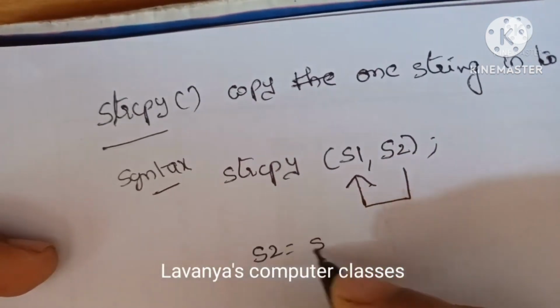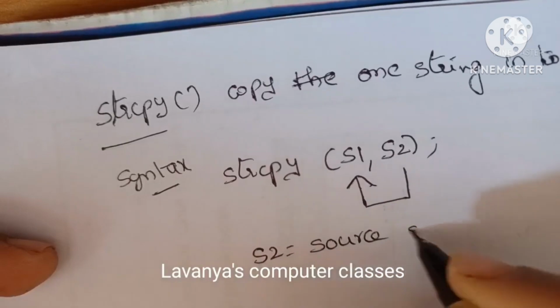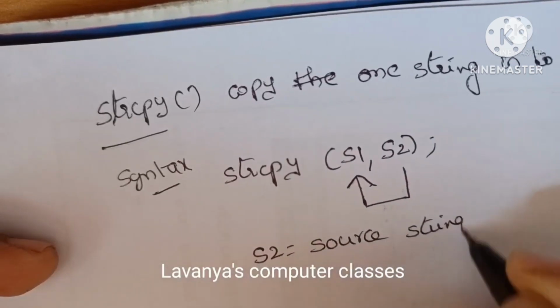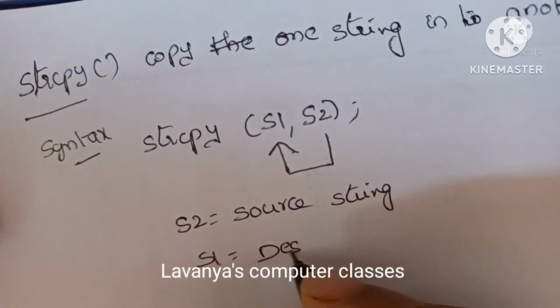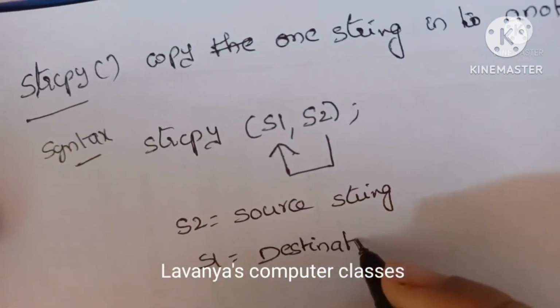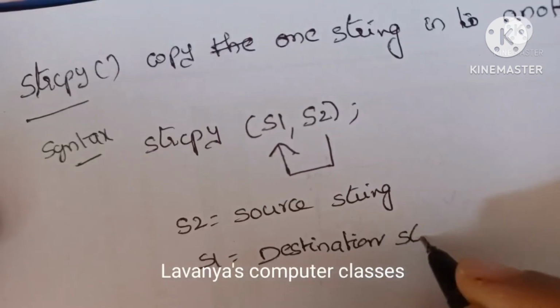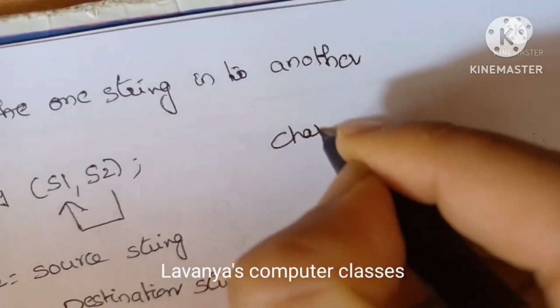Here s2 is copied into s1. That means s2 is source string. That means you have the value in s2. s1 is destination string, output string. s2 is input, s1 is output. s2 is copied into s1.